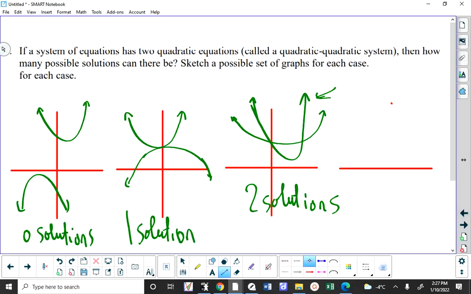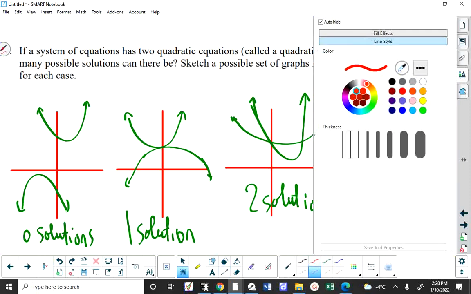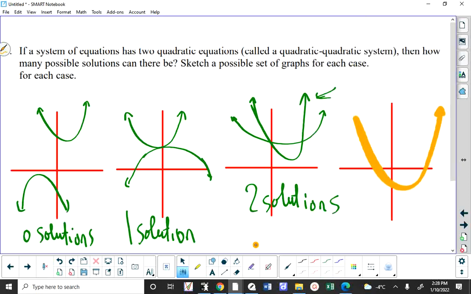It's possible to have, I'm going to use different colors here. Let's use orange for one of them. And let's use red for the other. If they happen to be, the word is coincident.